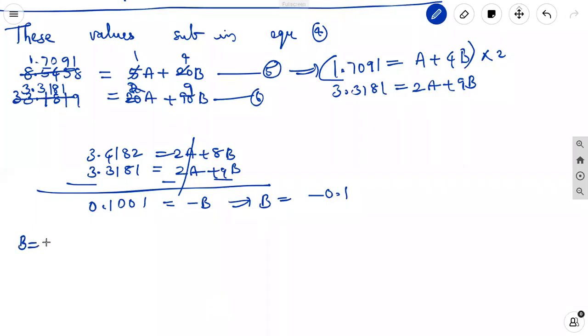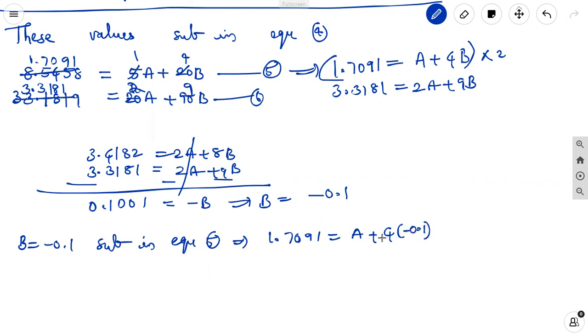So B equal to minus 0.1, substitute in equation 5. So 1.7091 equal to A plus 4 into minus 0.1.